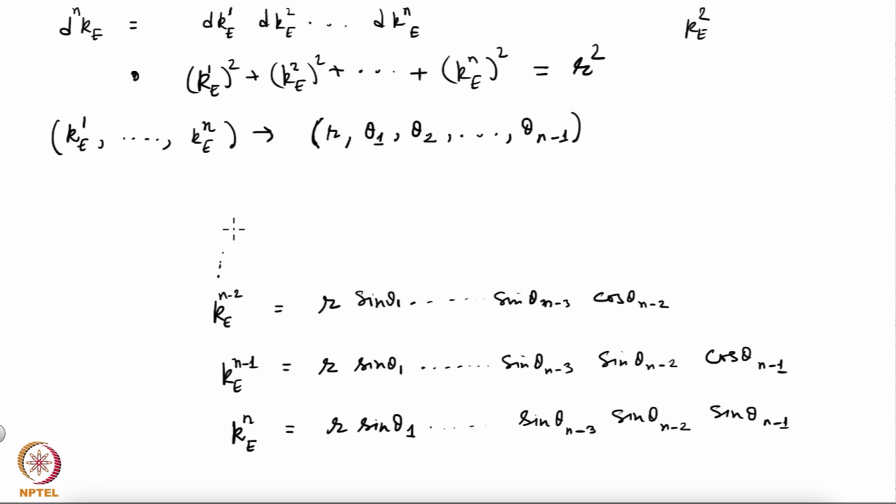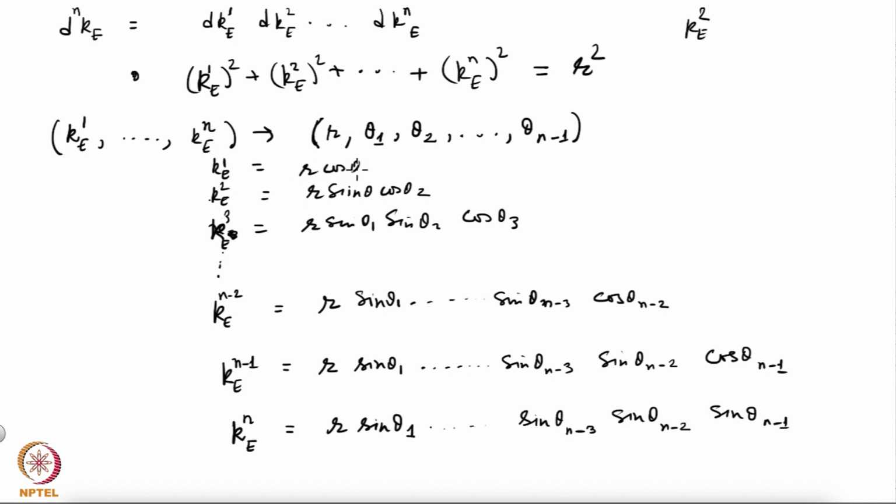And you continue like this, then you have ξ_3 equal to r sin θ1, then sin θ2, then cos θ3, and ξ_2 is equal to r sin θ1 cos θ2, and ξ_1 is equal to r cos θ1. Okay. And let us see whether this is a parameterization that is going to work.